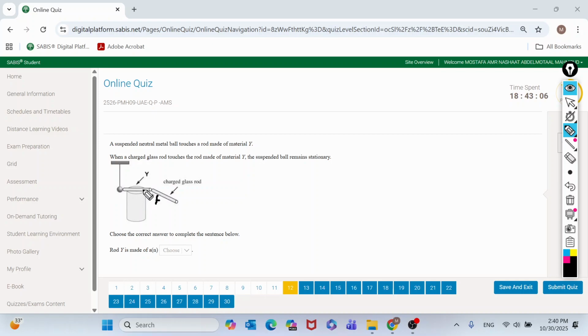If this was a conductor, the positive charges would be in both of them. They would both be positive. And if this is positive and this is neutral, the electrons would go to this side, attracted to the positive side, and I think they would go in here. So then this would be positively charged. So then this would repel if it was a conductor. But it doesn't move, so it is an insulator.